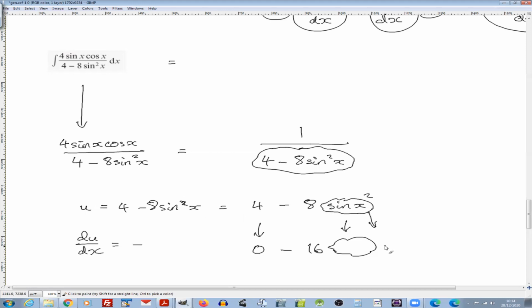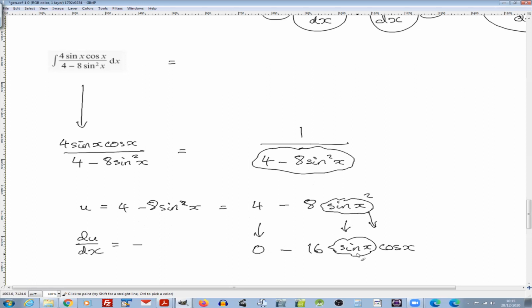Derivative of sine x, cos x. So I know that's going to be spewed out on the way down. So I know that this is going to be taken care of. So we could go through with the u process, but I just think it's overkill.